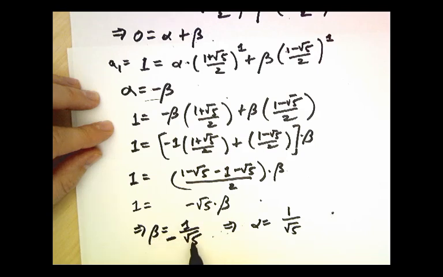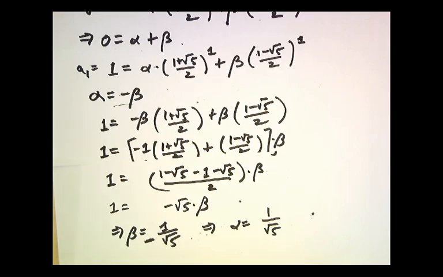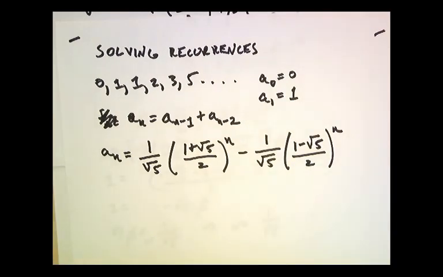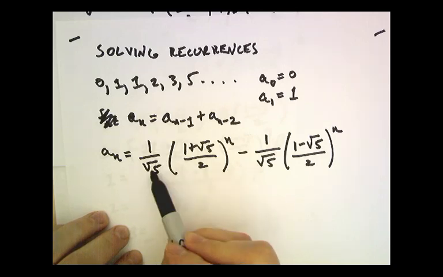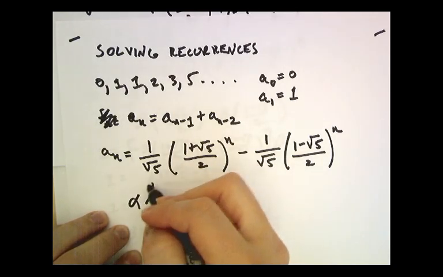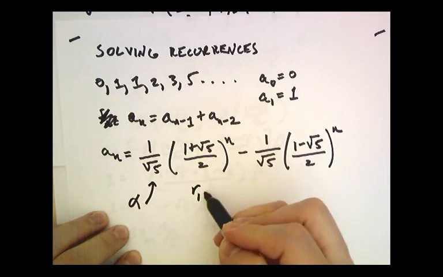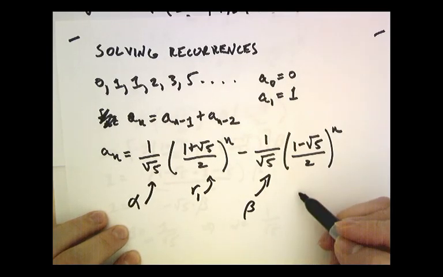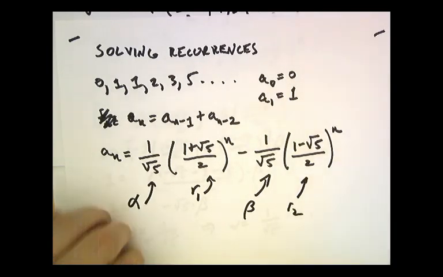Beta equals minus 1 over the square root of 5, alpha equals 1 over the square root of 5. And those are exactly the coefficients that we were looking for. Remember, I said earlier that the Fibonacci sequence was generated by 1 over root 5. Here's our alpha. This is the first root of the characteristic polynomial. Here's our beta, and this is the second root of the characteristic polynomial.